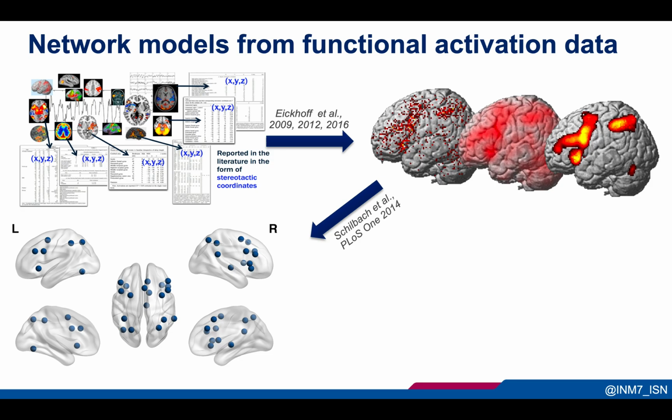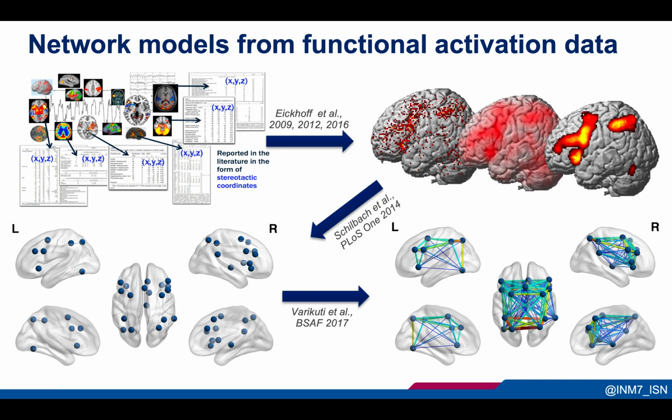So for a new subject, where do we think the working memory network is most likely located given the literature? And then we can, in a new subject, extract the network dynamics, the connectome, for this particular functional network.